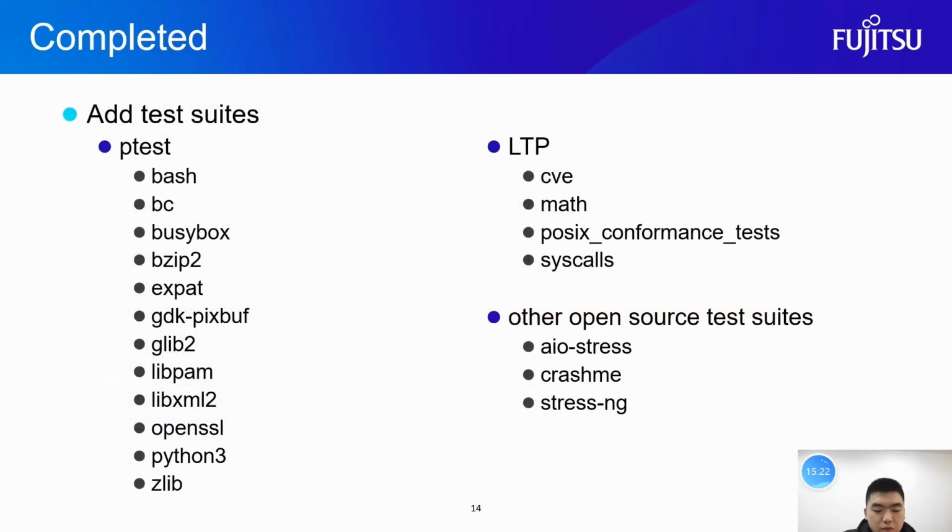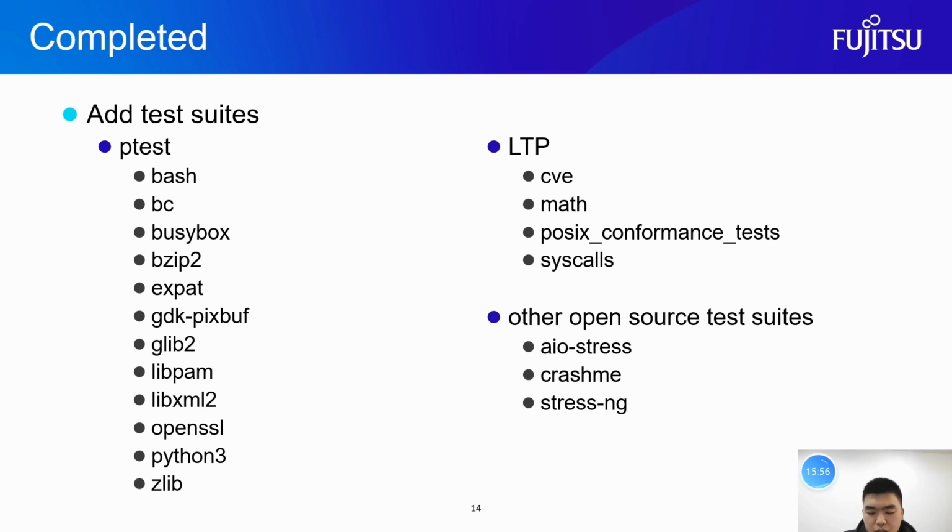So far, we have added 3 major types of test suites. The first is test suites from ptest, that is, the OS's self-test under the yocto ptest output standard, which has 2 situations. The first situation, such as bash, busybox, glib2, etc., they are already supported by the yocto ptest, so we just need to support them in the test framework.